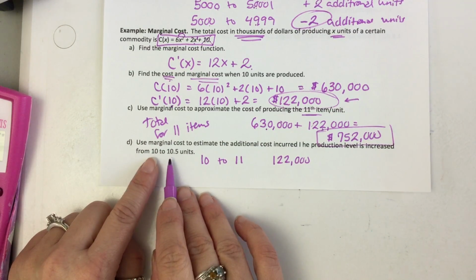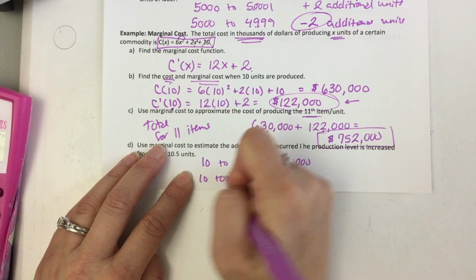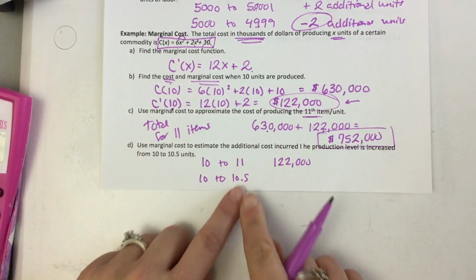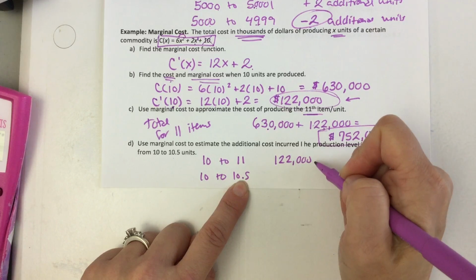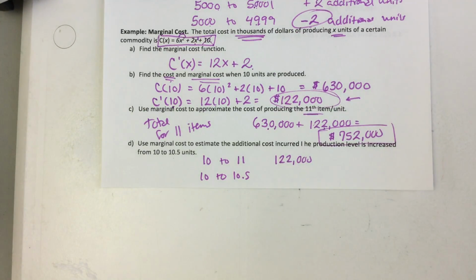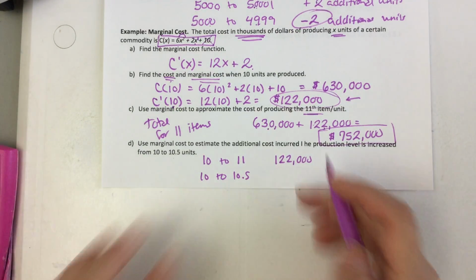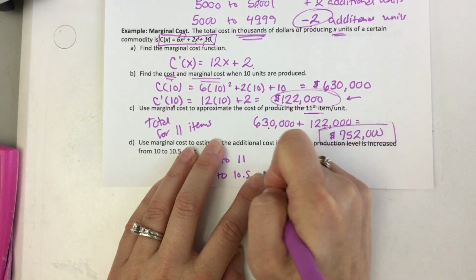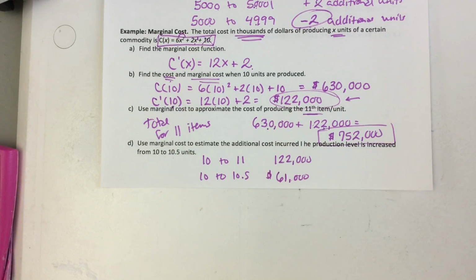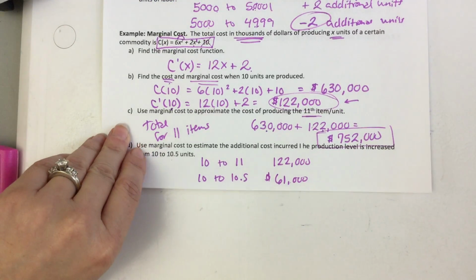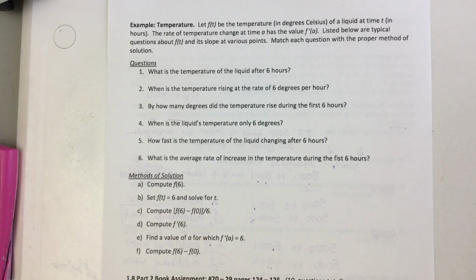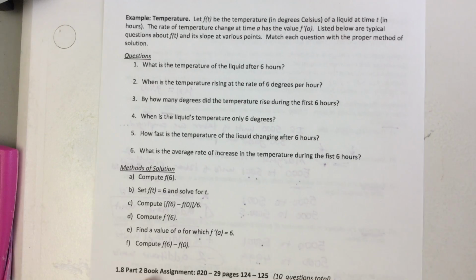What if we can only go half? So 10 to 10.5, well, it would be half of this. Because if I go up 1, it's 122,000. Half of that would be 61,000. So again, just making those connections. Now this is kind of a skill that we want to be comfortable with.